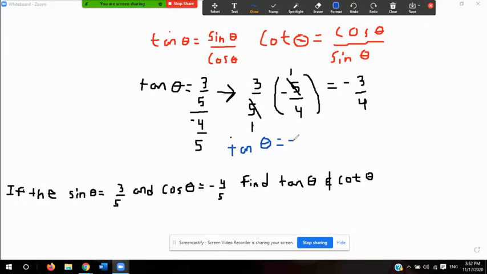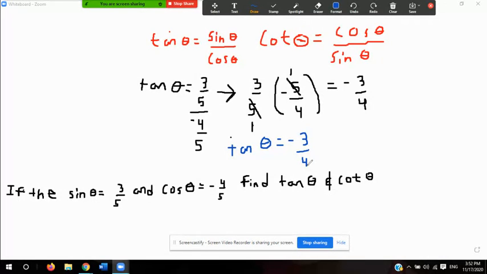Now, you are probably saying, well, I have to do the same process to get the cotangent of theta. And actually, no, you don't. Because remember that the formula says that the cotangent of theta is the same thing as saying the cosine of theta over the sine of theta.